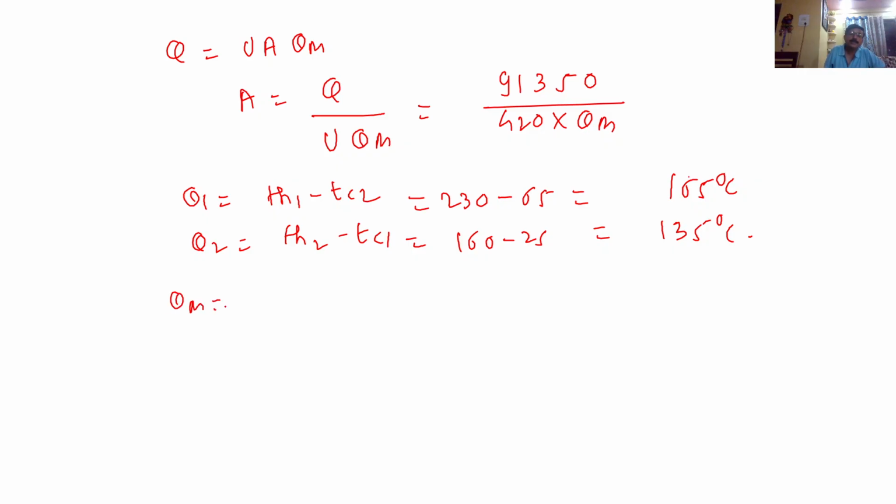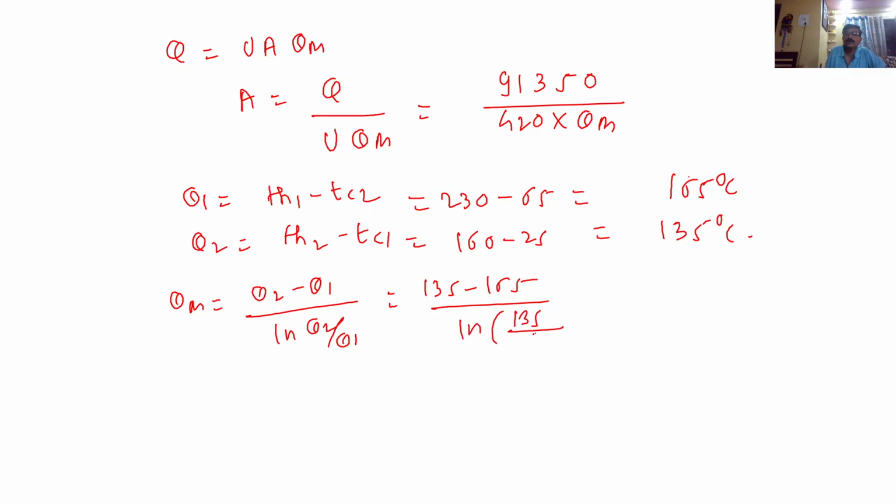So what is theta M? Theta M is theta 2 minus theta 1 divided by natural log of theta 2 by theta 1. If I put the values, 135 minus 165 divided by natural log of 135 divided by 165, if I solve it, it comes as 149.49 degrees Celsius.